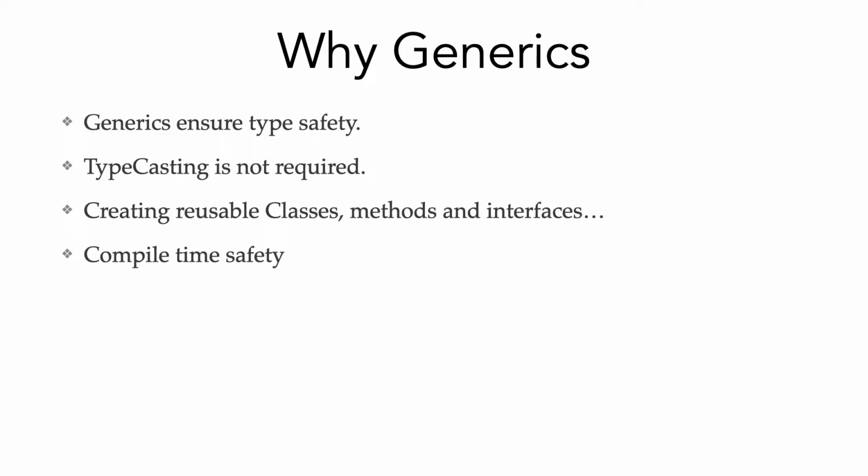The second thing is typecasting. All are correlated actually. The second thing is that typecasting is not required. Earlier, before generics, we used to have collection classes like List, which would store objects.